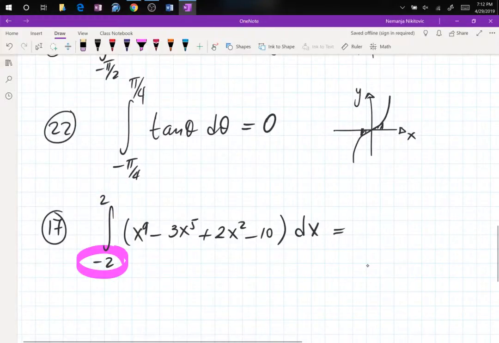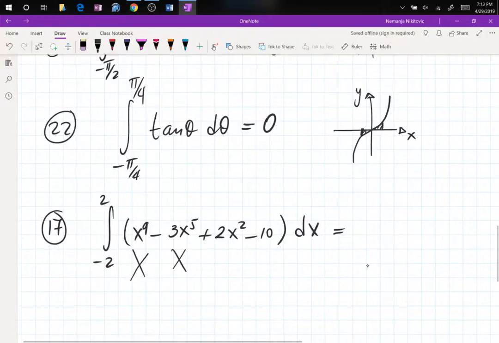Symmetric interval, it's very important. So now when you have a symmetric interval, any of your odd exponents do not count. So you can throw this one and this one in the garbage because they are not going to produce any value.